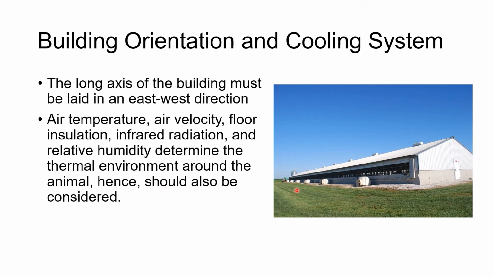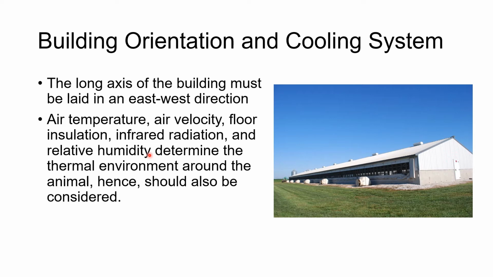So, hindi lang yung orientation ng building, hindi lang yung sunlight yung kailangan isaalang-alang when it comes to yung pagpapatayo ng building. So, kailangan ring isaalang-alang mo yung air temperature, air velocity, yung floor insulation, infrared radiation, and relative humidity. So, all of this parang umiikot doon sa temperature lahat.